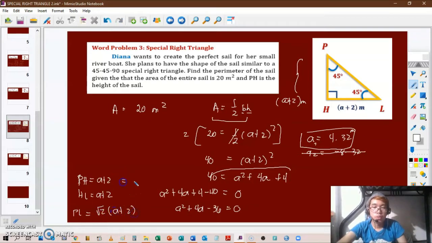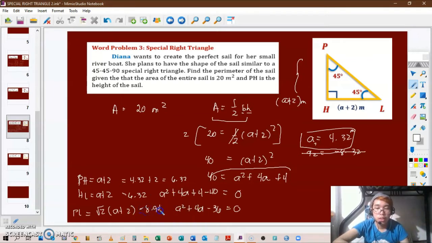So A plus 2 is 4.32 plus 2, which gives you 6.32. This is also 6.32, and 6.32 times the square root of 2 gives you 8.94.